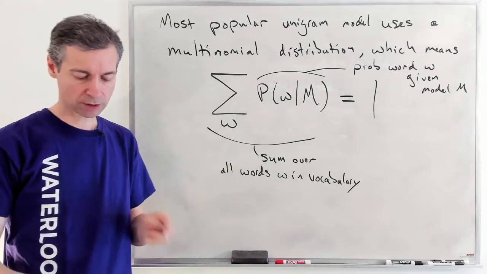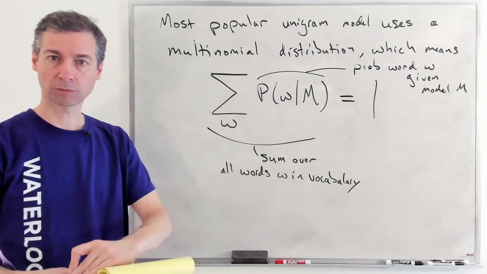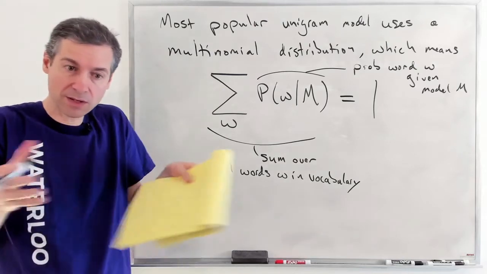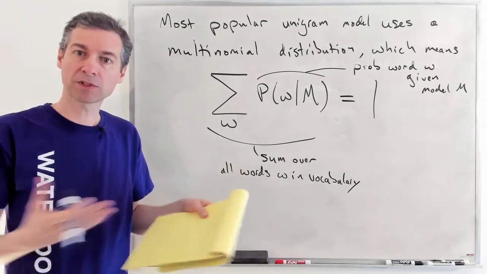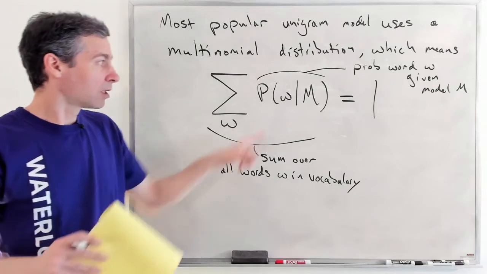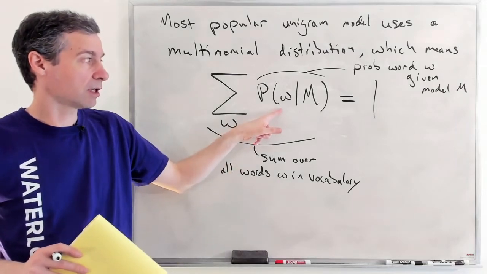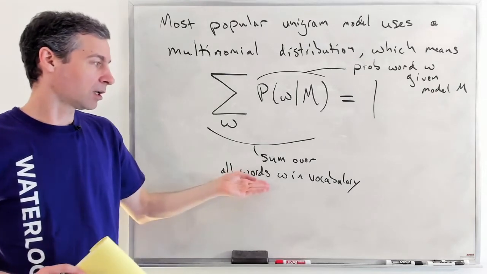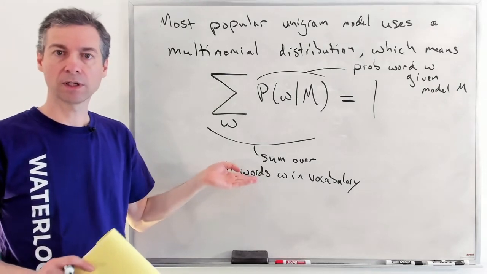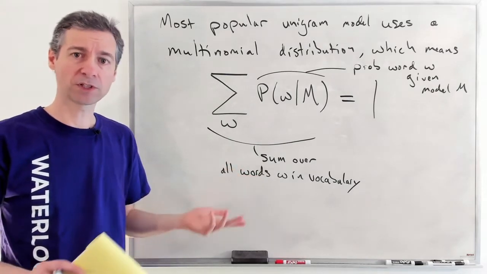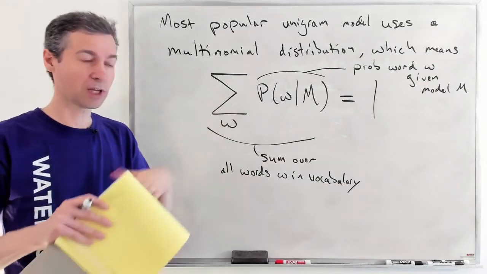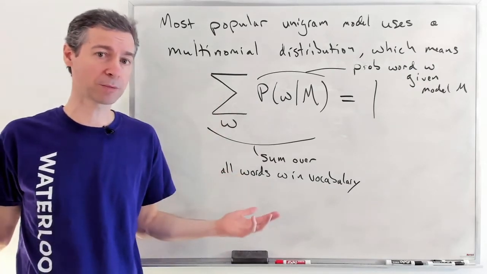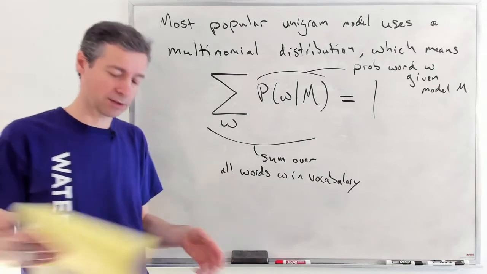So that's our notion of how we're going to model our documents and other text items in this way. You can think of all of these as the parameters of the model. So with our document collections that have these large vocabularies, this means that these models have a huge number of parameters, and we need to figure out how to set them.